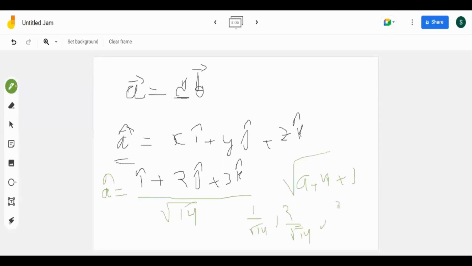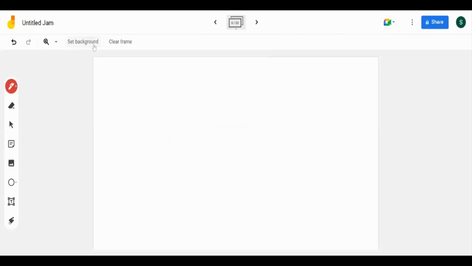So these are called direction cosines. What is a direction cosine? Direction cosines are the coefficients of i cap, j cap and k cap of a given unit vector. You must know this: a must be a unit vector. For a unit vector, the coefficients of x, y and z are called direction cosines.